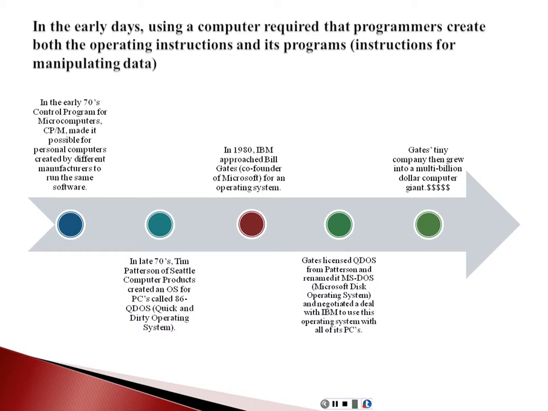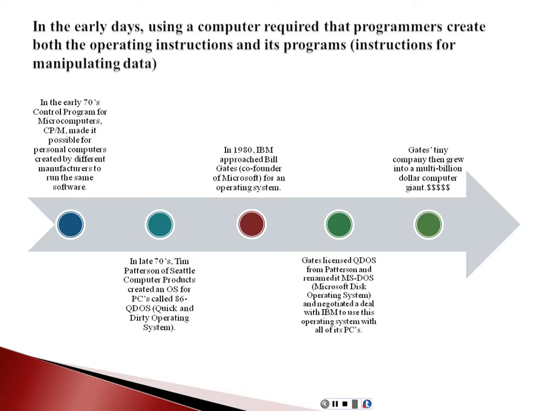And so you had people that could do this, and then the rest of us couldn't. These were the computer nerds and the computer geeks. But in the early 70s, control program for microcomputers was developed, and it made it possible for PCs or personal computers created by different manufacturers to run the same software.